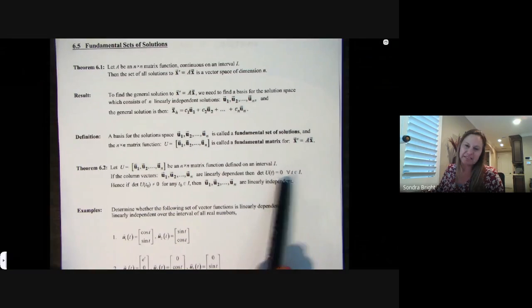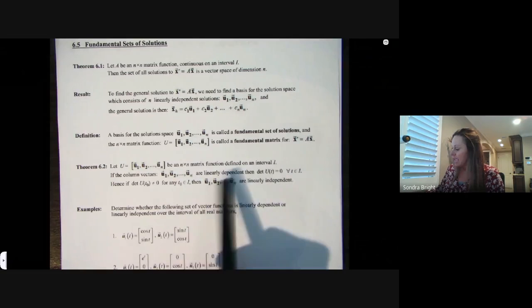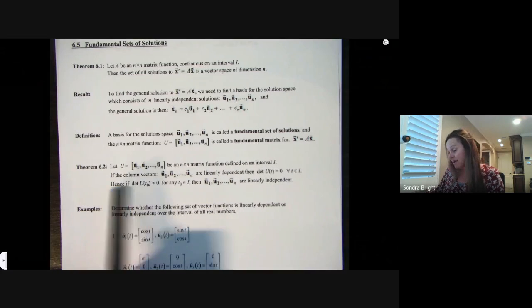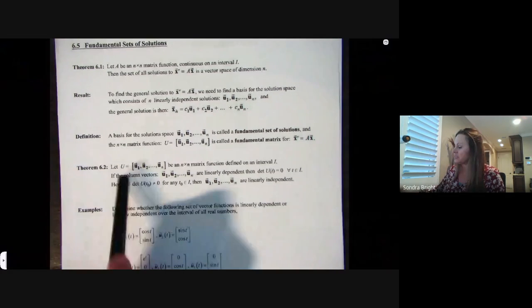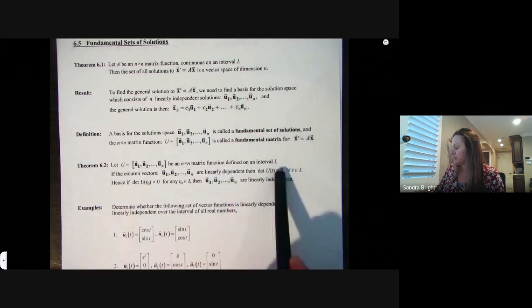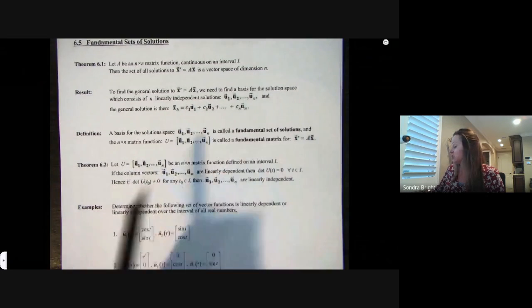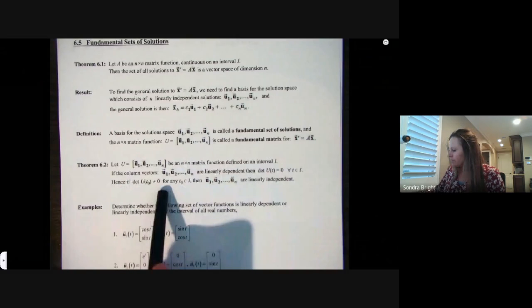Which means if we get the determinant equals 0, it doesn't necessarily mean that they're dependent. Hence, if the determinant is not equal to 0, this is a logic thing: if this, then that, then the only other thing that is true is if not that, then not this. So if the determinant is not equal to 0 for just one value of t in that interval, then we say that these guys are independent.